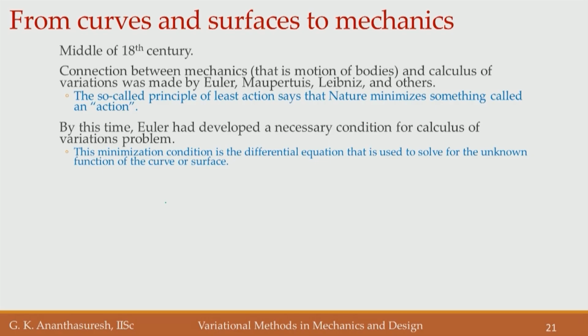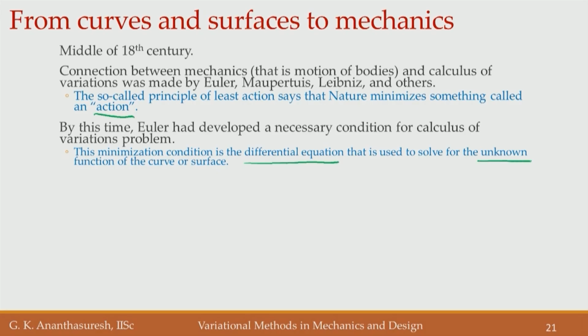All these people had started looking at the geometry of curves and surfaces and applied that to mechanics to develop some integrals, something called an action integral and other ways of looking at mechanics, and they tried to look at the minimization in all of these problems, which when you try to minimize and find a condition, lead to a differential equation, okay, to solve for the unknown function.